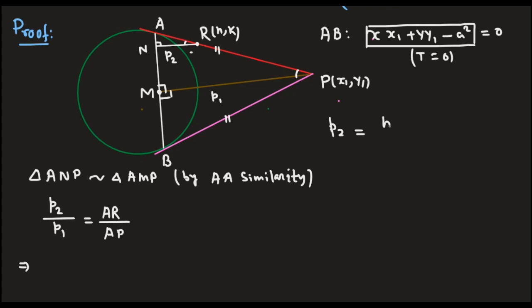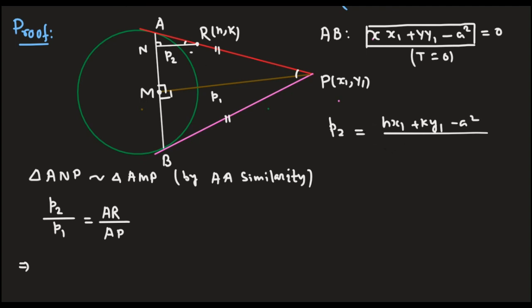So it will be h x1 plus k y1 minus a square, divided by root over the coefficients of x and y, which are x1 and y1.